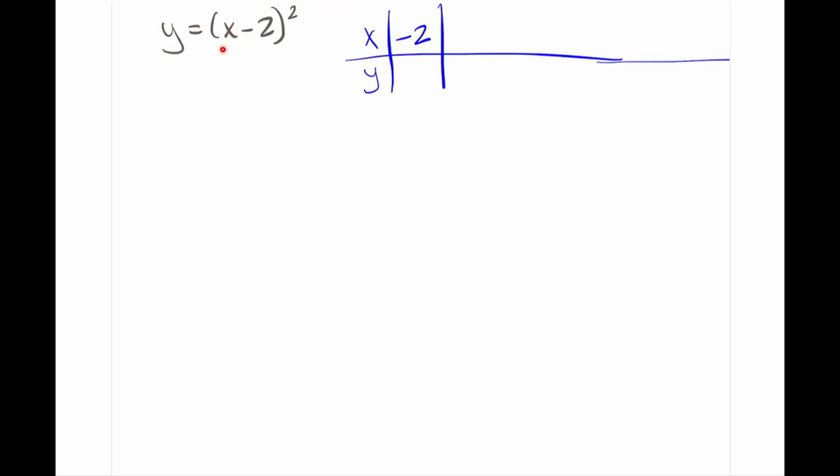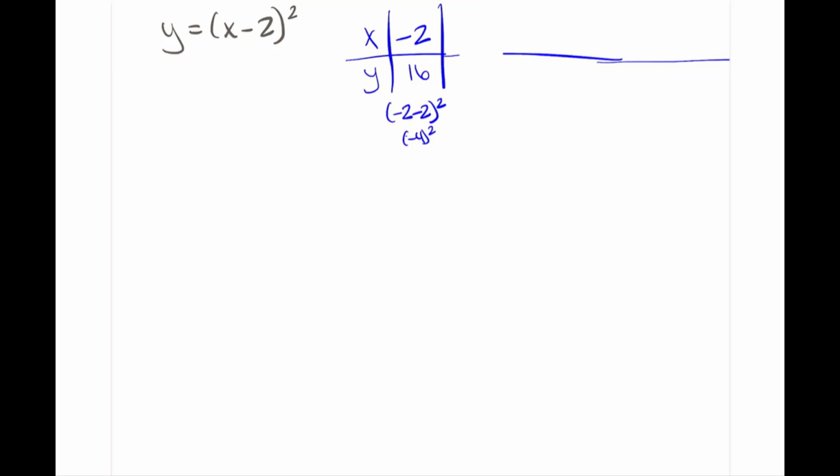I'm going to simplify, and that's going to give me my y value, which is my output, which is going to go here. So I would have (-2 minus 2) squared. -2 minus 2 is -4, squared. -4 squared is 16.